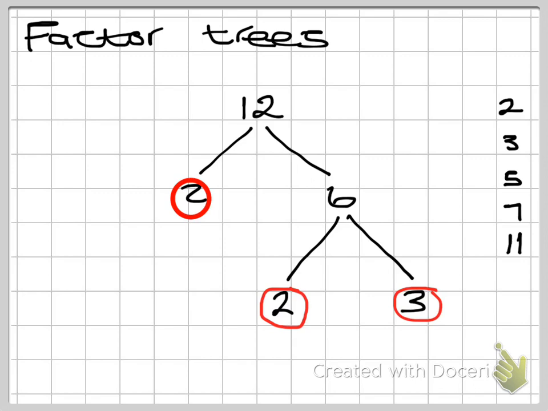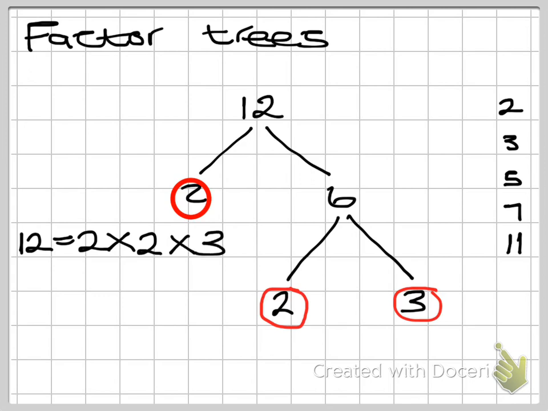So I'm going to take the numbers that are circled, and I'm going to do my final bit of my sum. All the hard work is now done. So I'm going to go: 12 is equal to 2 times 2 times 3.